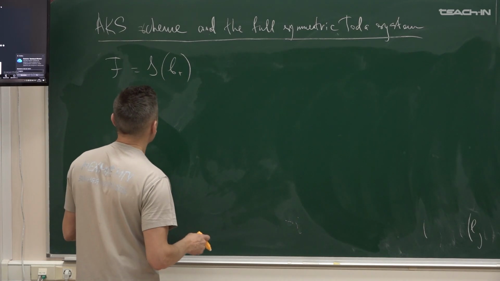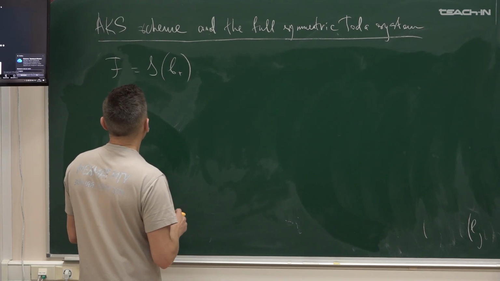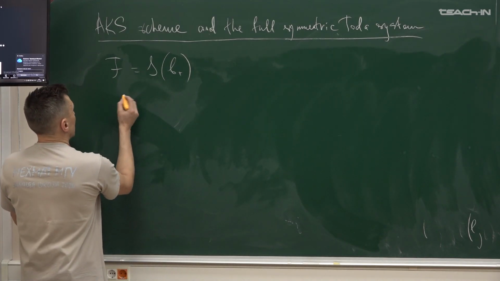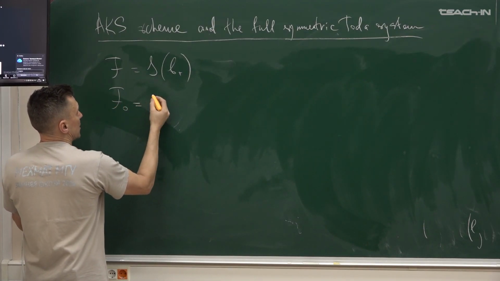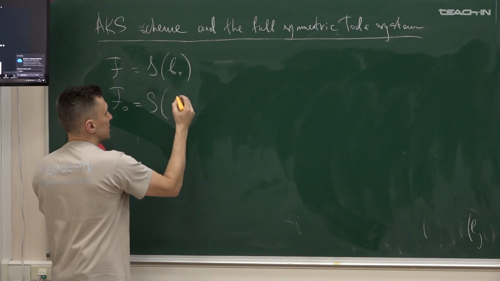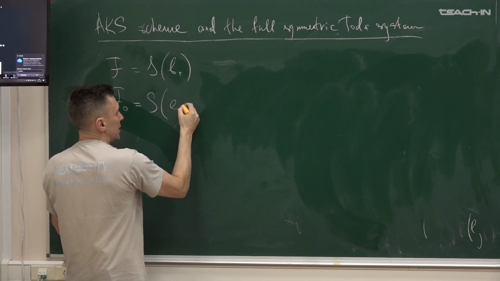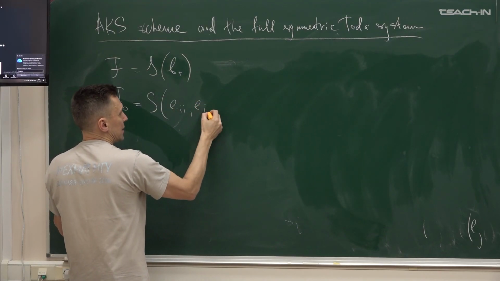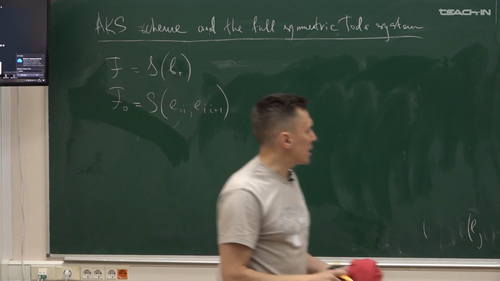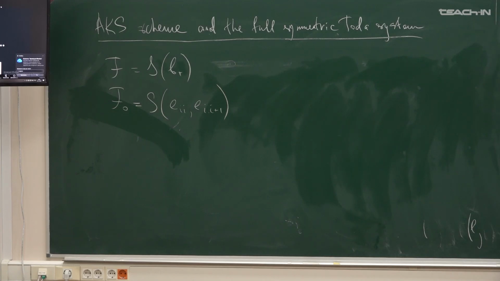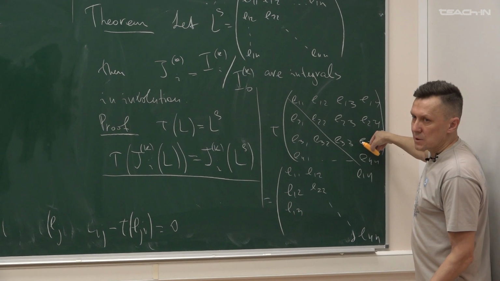And I'd like to consider another F0, which is also a polynomial algebra, but generated by Eii and Eii+1. So it means that I consider only elements on the principal diagonal and on the first subdiagonal.